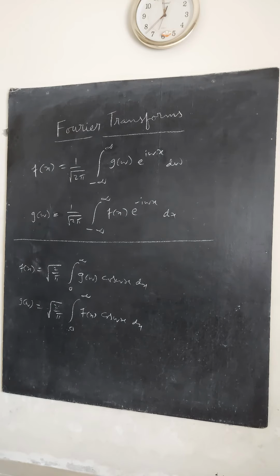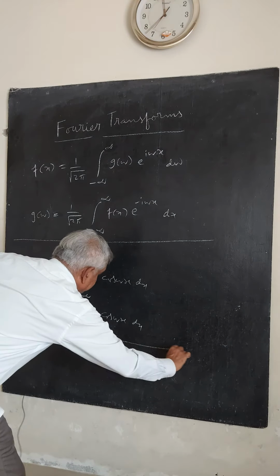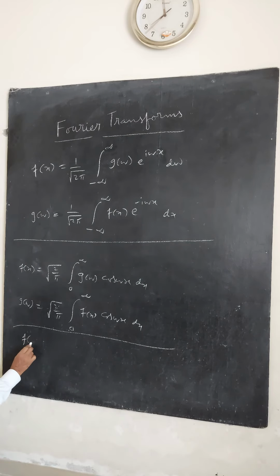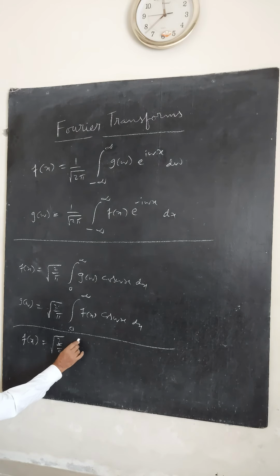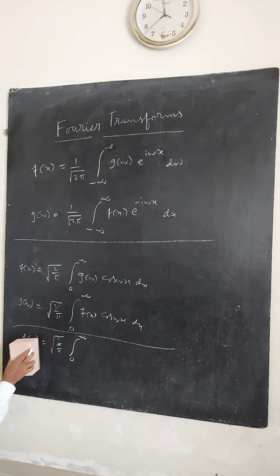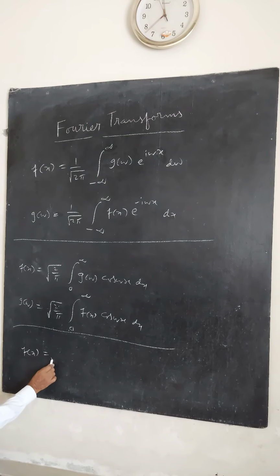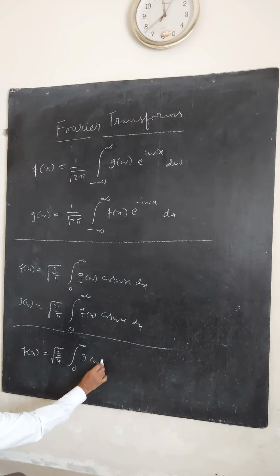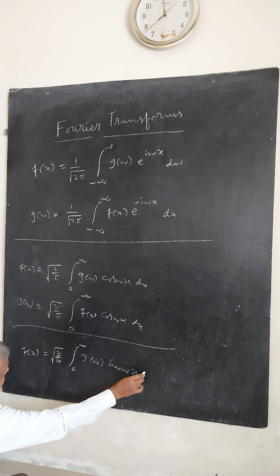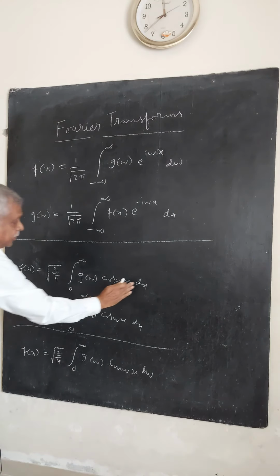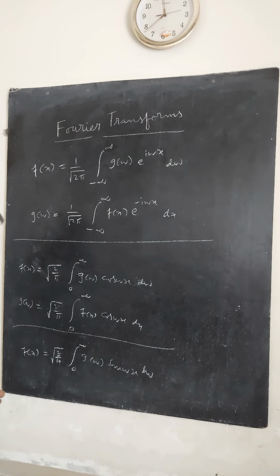Again, f of x equal to root of 2 by pi, integral from 0 to infinity. Let us write somewhat below. f of x equal to root of 2 by pi, integral from 0 to infinity, g omega sin omega x d omega.